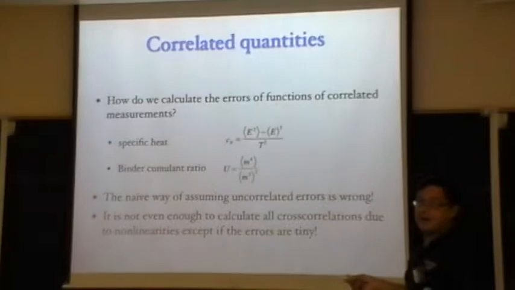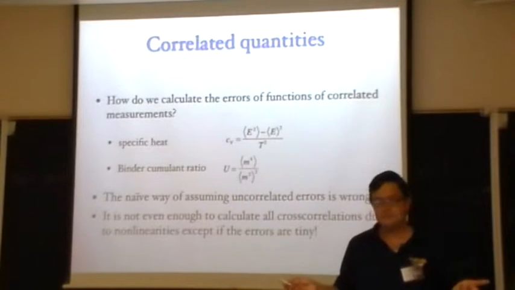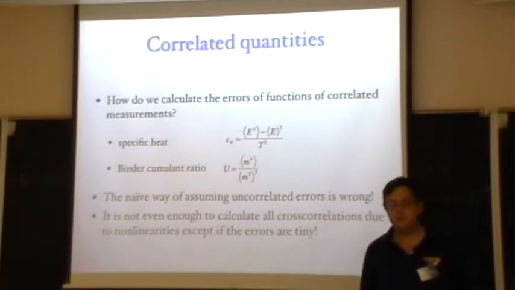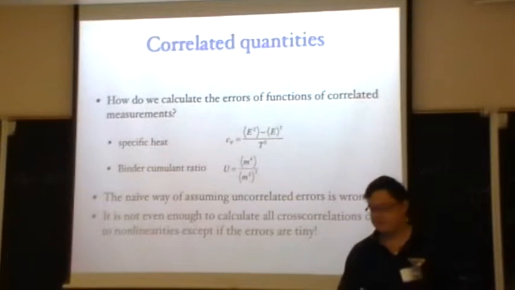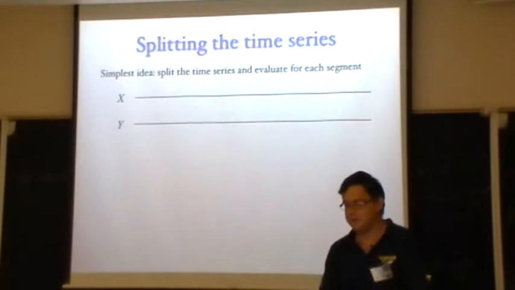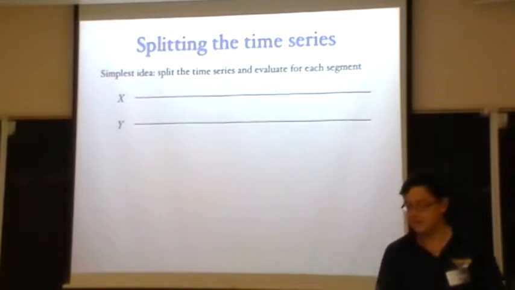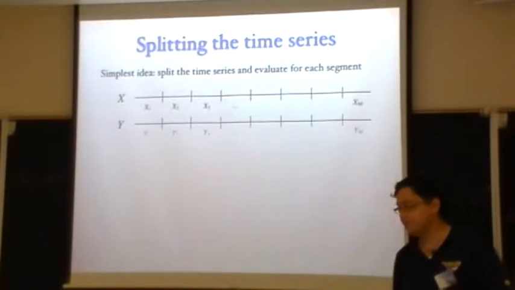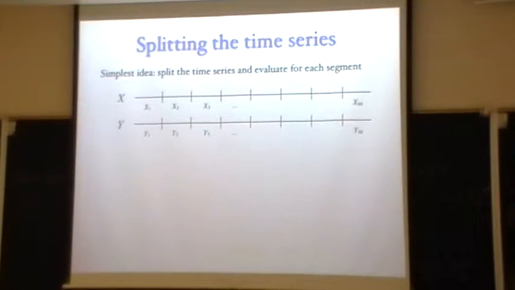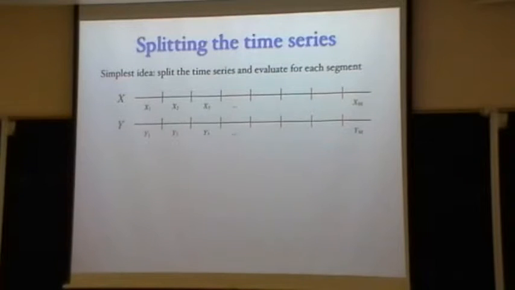So what does one do there? One thing you could do is you could run the whole simulation 10 times. Or you could take your time series and split it into M segments, or you run M simulations.